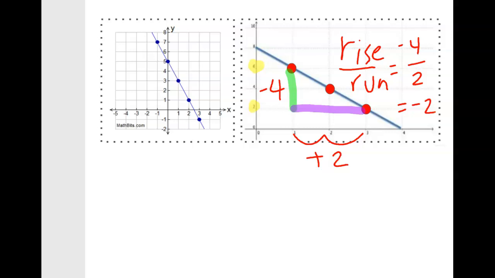I'm going to continue to use green for my rise and purple for my run. So again, I'm going to choose this point right here and this point right there. How I get to those using my rise over run is going to be my next step.